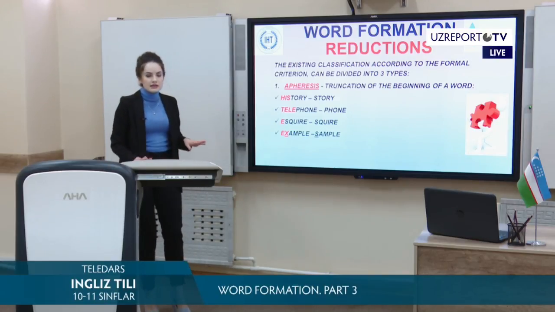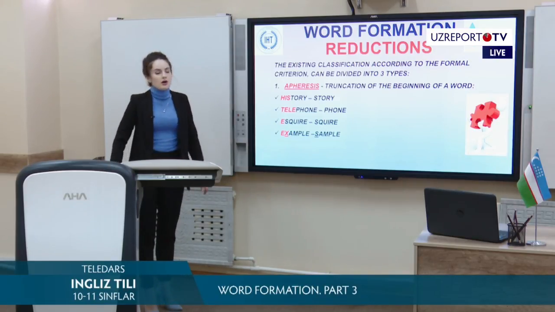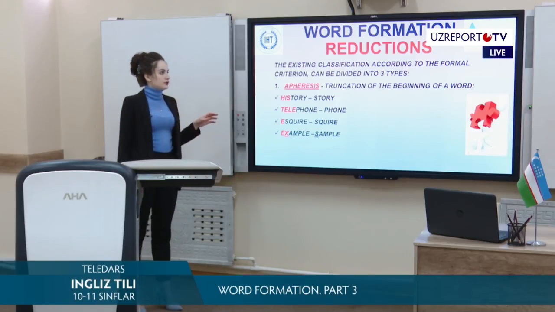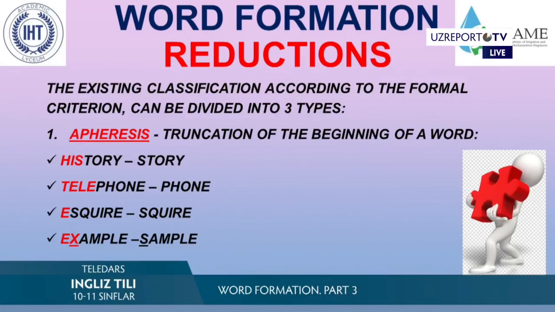So, and now let's discuss some classification which is related to official reduction, to formal style. So, we have such kind of word like aphaeresis. It's such kind of scientific word. Maybe you will not remember it, but you should remember its definition: truncation of the beginning of the word.